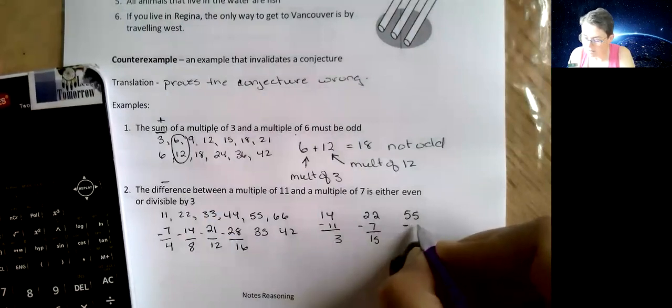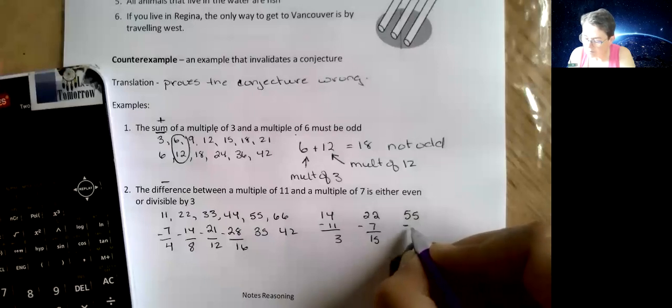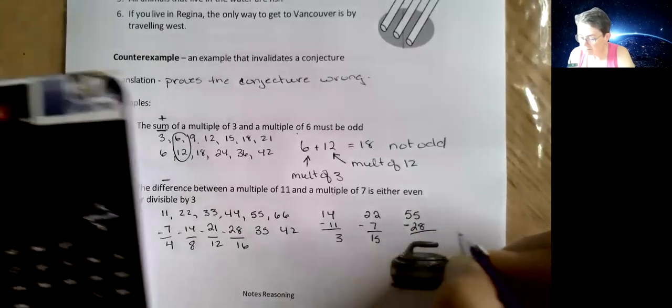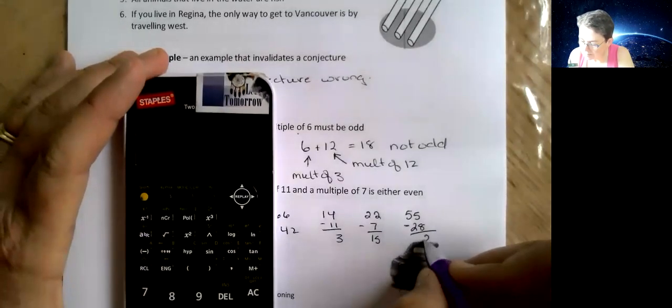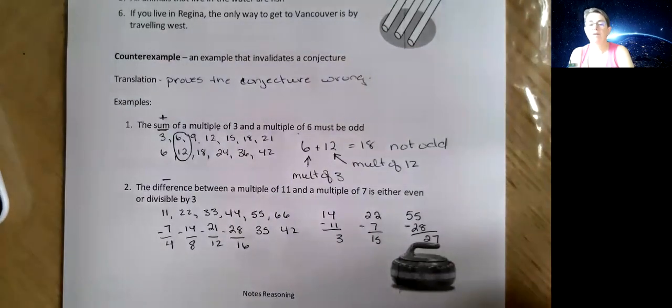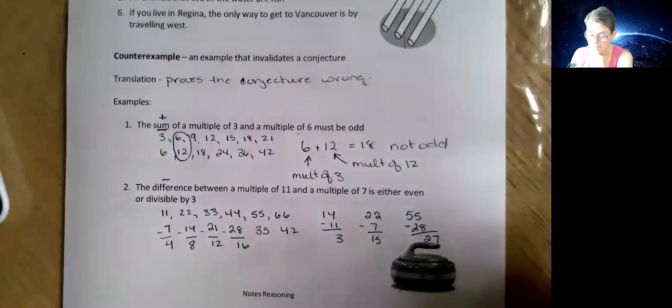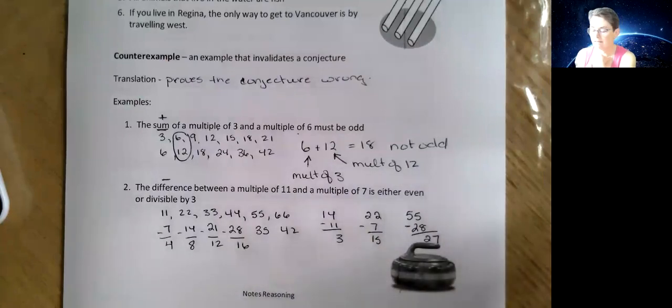That's not going to work. 55 minus 28. Well, this was in the list of things you should be able to find a counterexample to. So it looks like I'm going to continue this on my own, looking for a counterexample, possibly trying some weird math to see if one even exists.